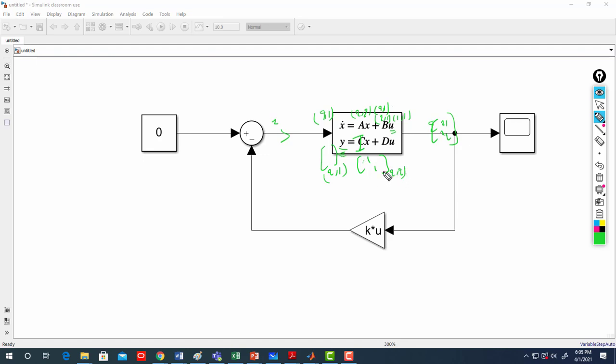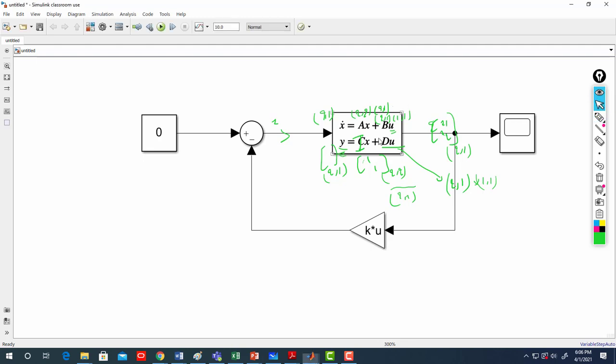This is a 2 by 2 identity matrix. 2, 1, so 2 by 2, and x is 2 by 1. 2, 2 times 2, 1, it's 2, 1. And this should be also 2, 1. Matrix D should be 2, 1 times 1, 1, which is U. So you get 2, 1. So then D is 2 lines, 1 column.